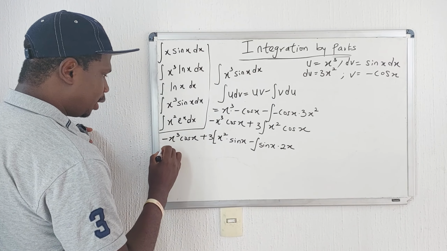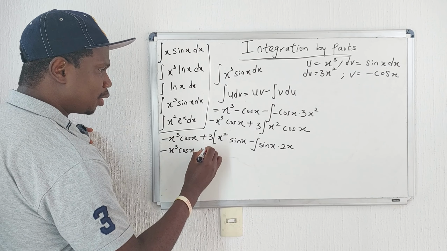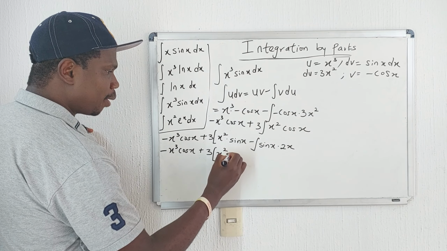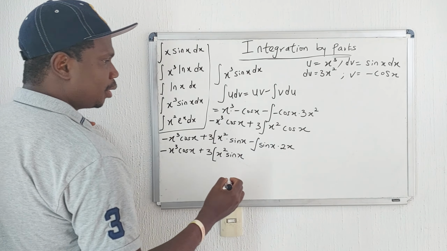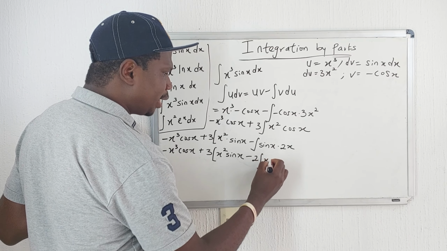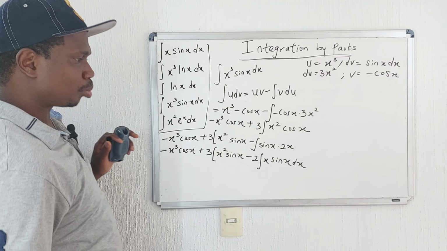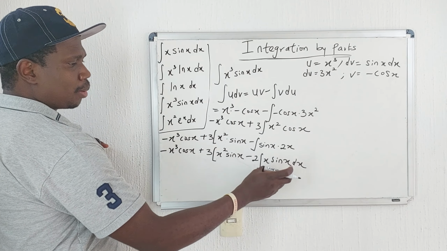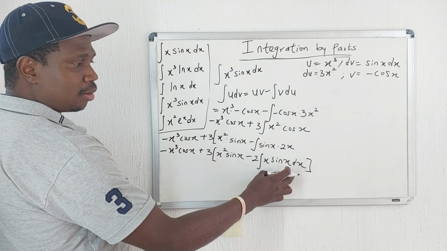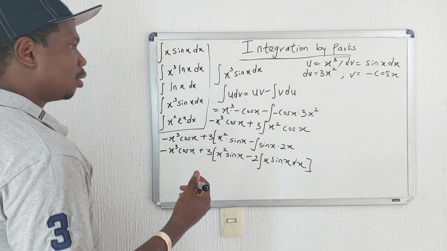So let's simplify. This remains the same, x cubed cos x plus 3 x squared sine x minus, can bring out this constant, 2 integral x sine x dx. Now I can close this bracket. This is all two functions, so I have to integrate again by parts for the third time.